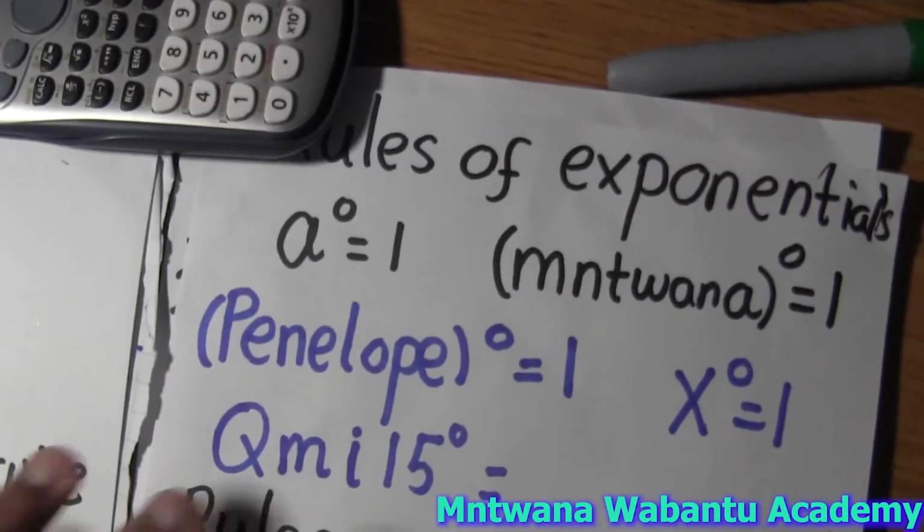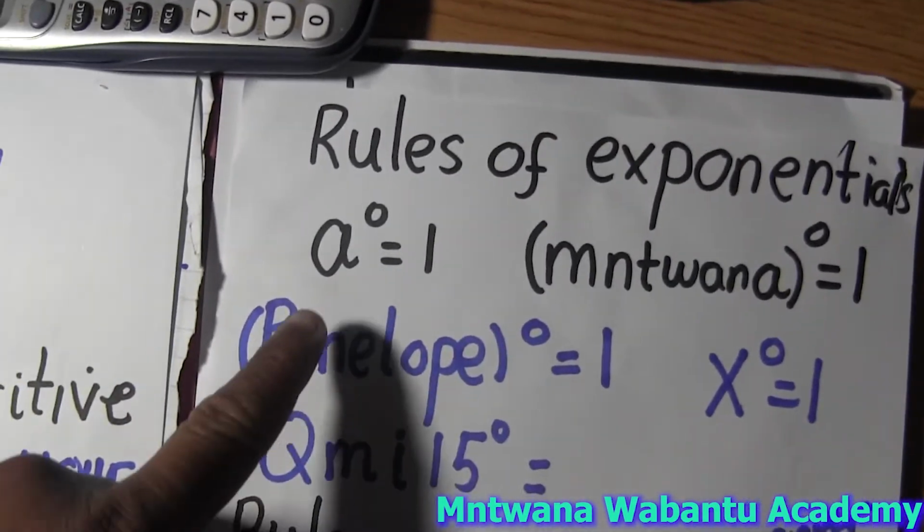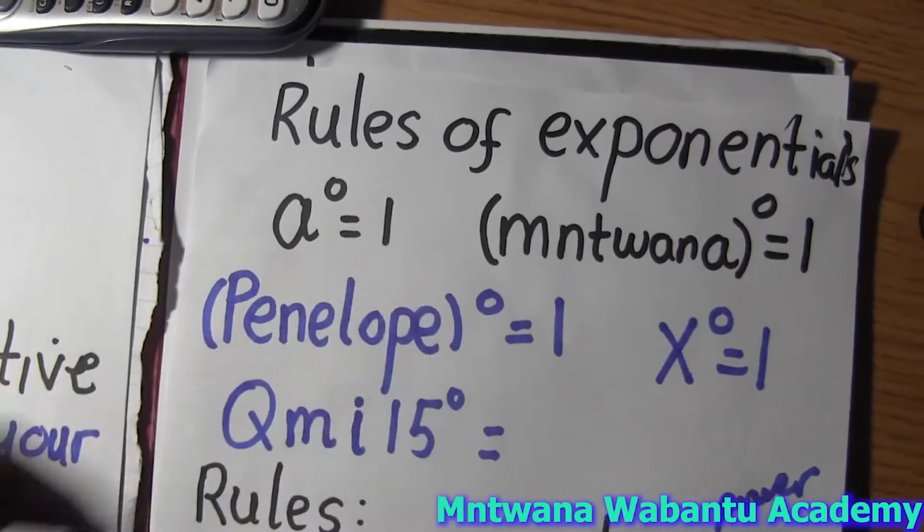Now the rules of exponents. Whenever you have any variable to the power 0, it equals 1.